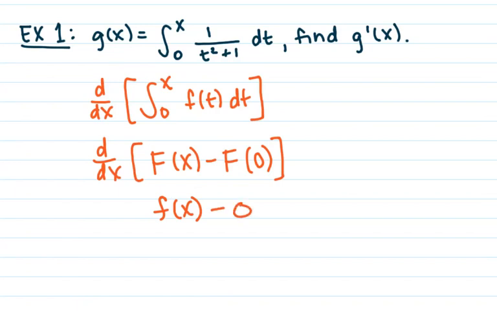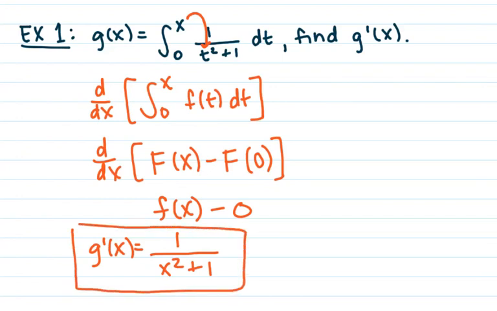And so I'm just left with f of x, which means I'm essentially taking x and plugging it in for t, right? And so we'll say g prime of x equals my function evaluated at x, so 1 over x squared plus 1.